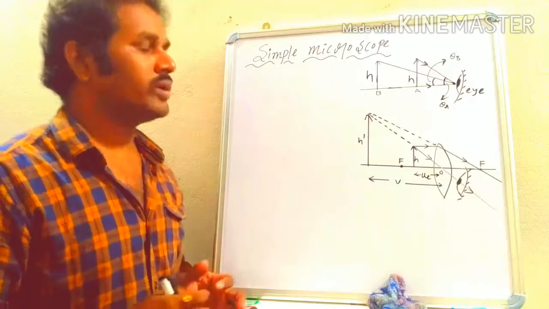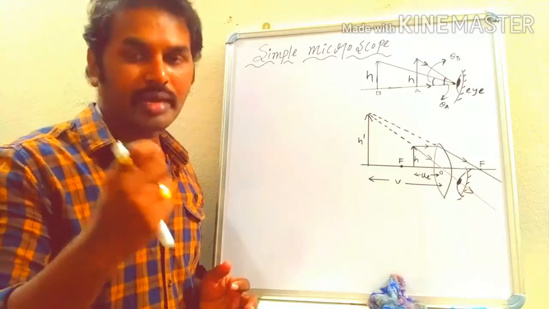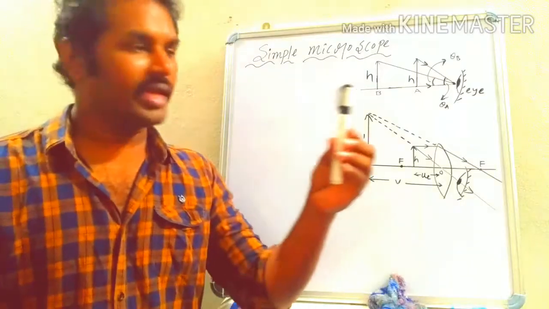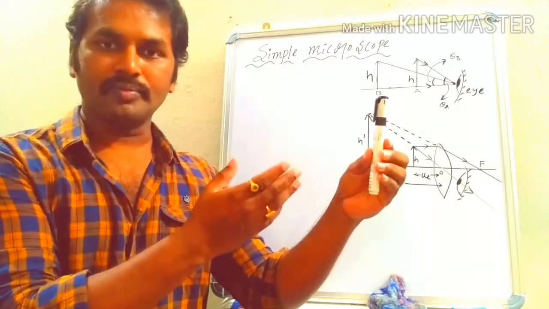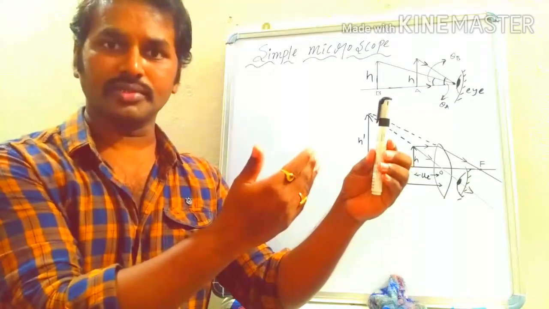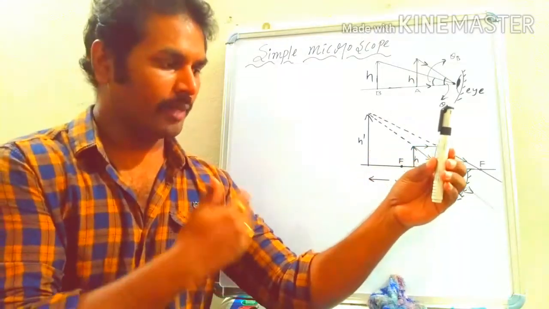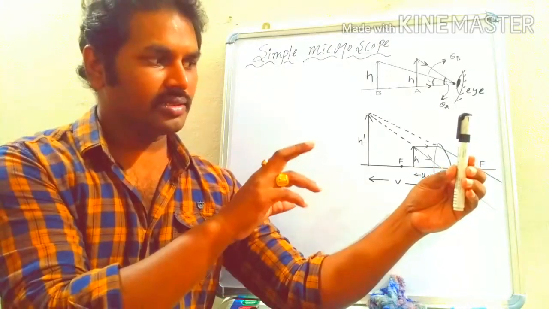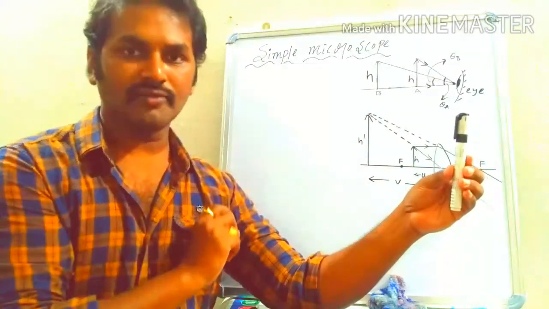Before taking this one, we need to know a bit about visual angle. Let us see, if I take this object very close to me, in the sense of less than 25 centimeters, if I keep it here, approximately 30 centimeters, I feel that this much is the size of the object.